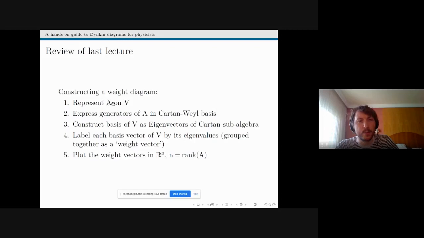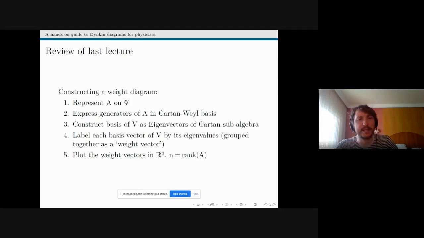And what we wanted to do is find a nice basis for the algebra and a nice basis for the vector space. For A, the algebra, we selected the Cartan-Weyl basis. And then for V, we constructed a basis of eigenvectors of the Cartan subalgebra of A.